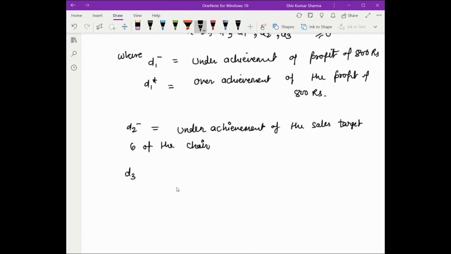And D3 minus means underachievement of the sales of the lamps.